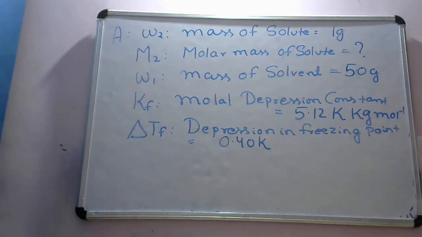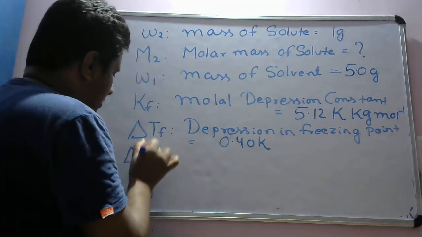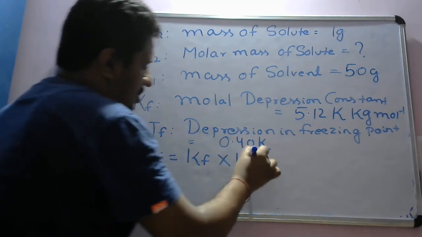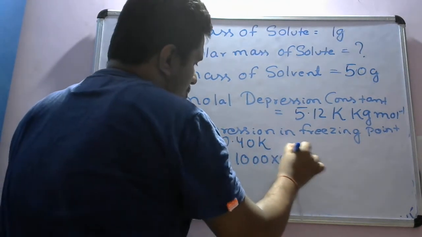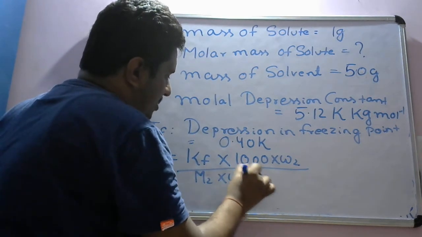We have to calculate M2. So in a single step the answer can be solved. We will first write the equation for delta TF equals Kf into 1000 into W2 by M2 into W1.